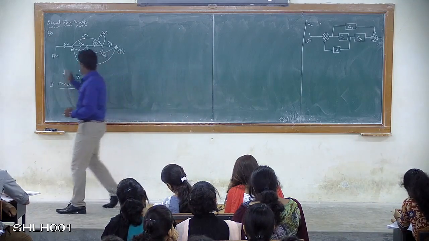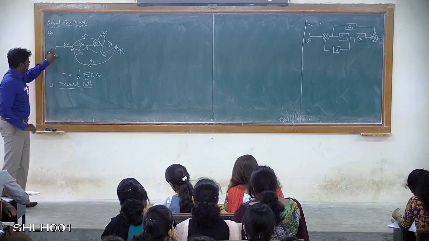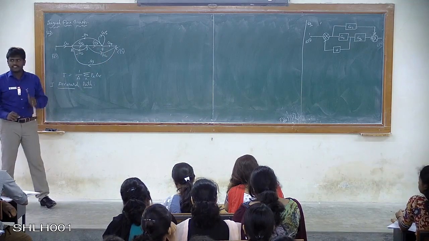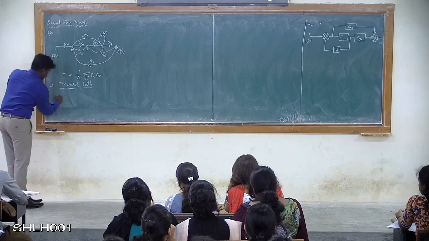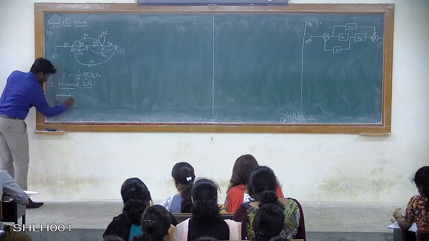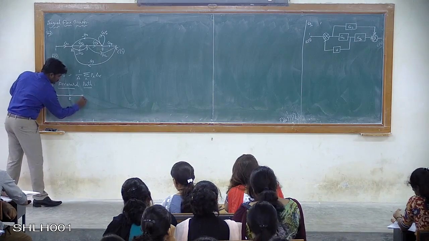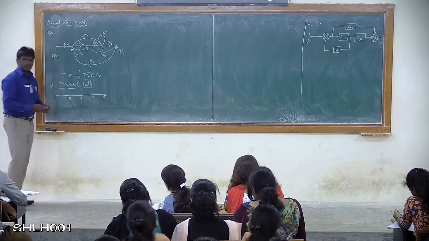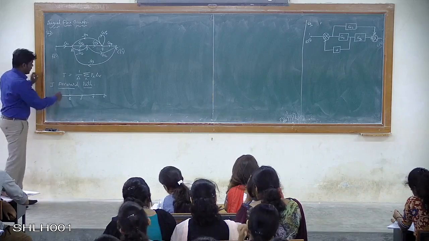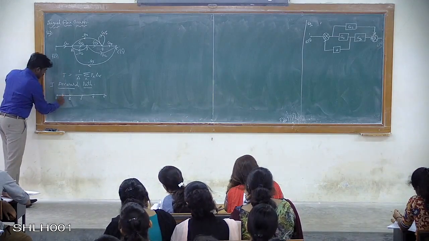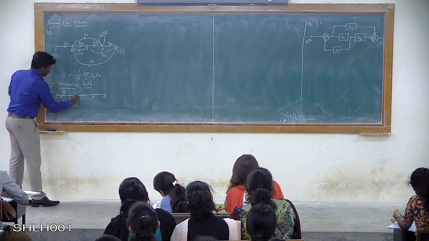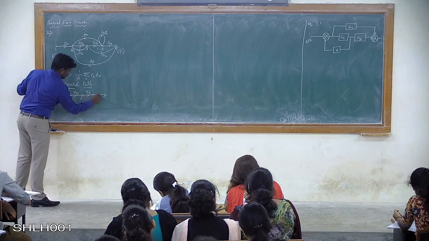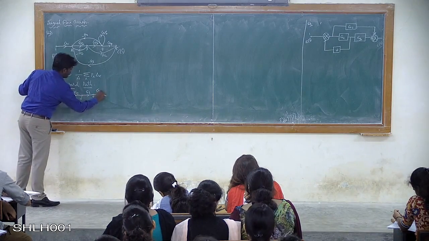So here, 1 to 2, then 2 to 3, 3 to 4, then 4 to 5 is the first forward path. Now if I look at the gain values, the first is G1, the second is G2, the third is G3, and the fourth is G4.